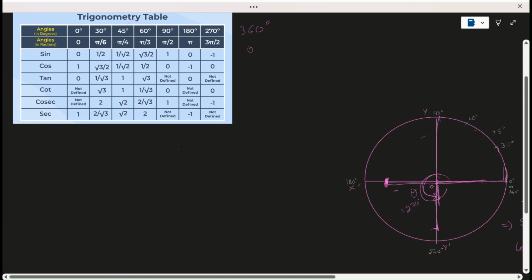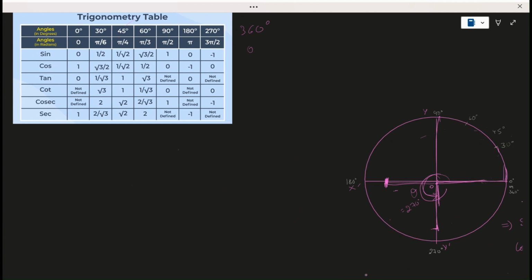Sine 360 will be 0, cos 360 will be 1, tan 360 will be 0, cot will be not defined, cosecant will be not defined, and secant will be 1. So this is how we obtain the different values.